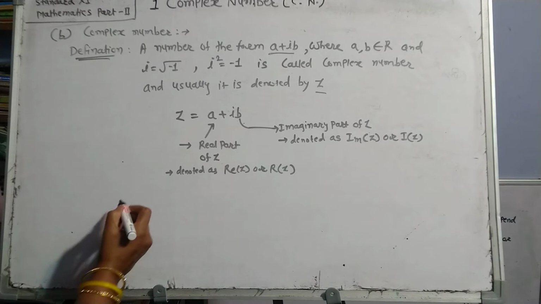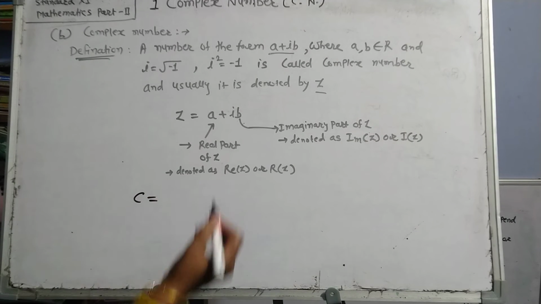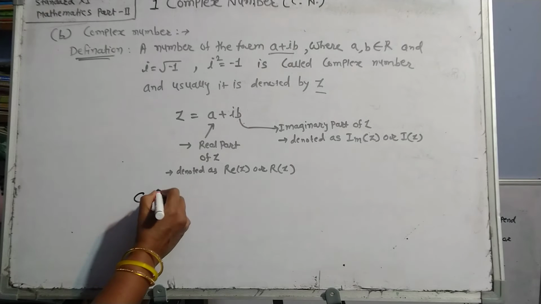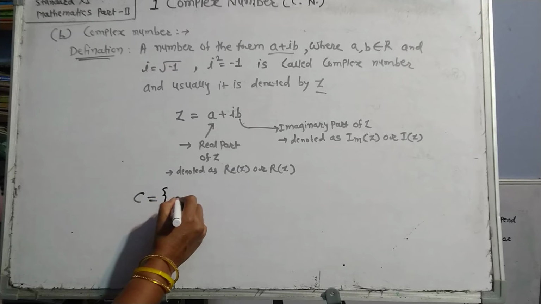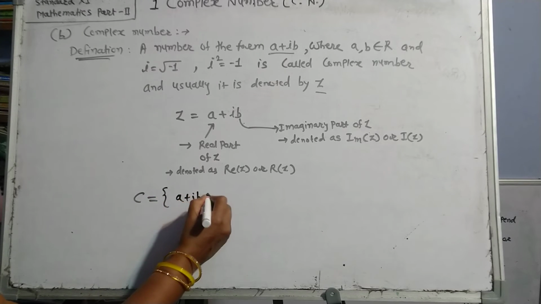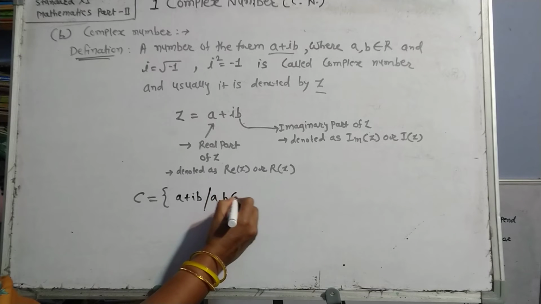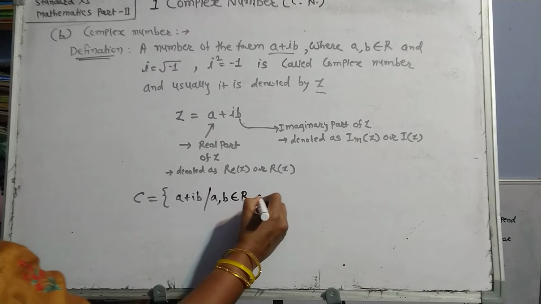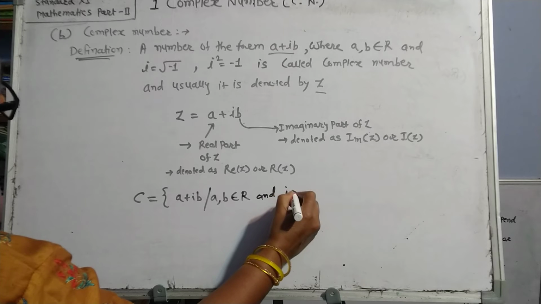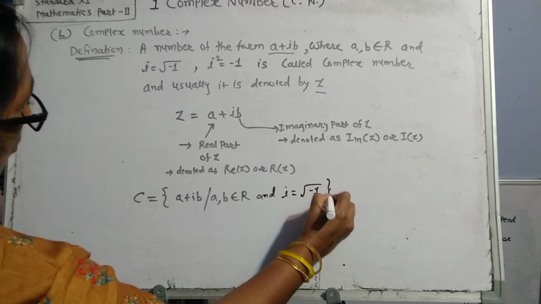And what is C? C is nothing but the set of complex numbers, where this set contains numbers in the form of a plus ib, and a and b belong to the set of real numbers, and i equal to square root of -1.